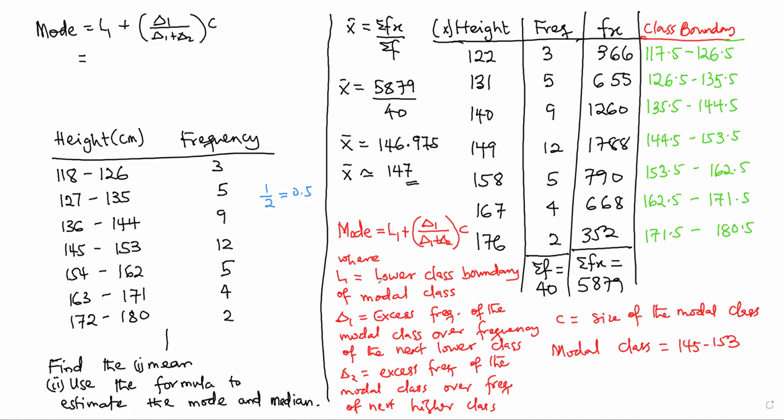Our L1 is the lower class boundary of the modal class. We said the modal class is 145 to 153. The lower class boundary gives me 144.5.